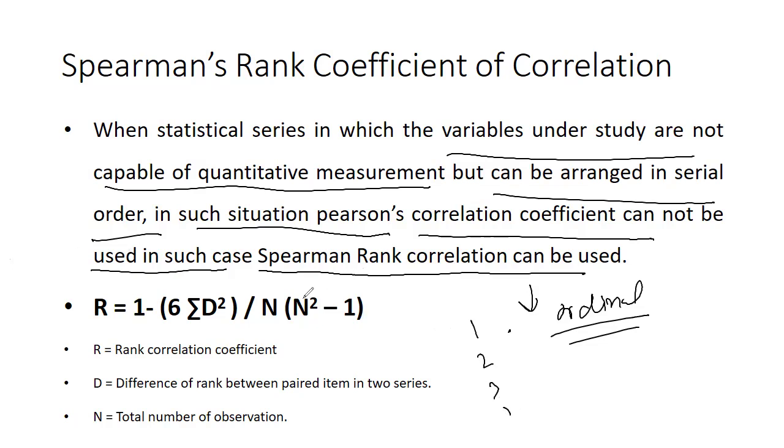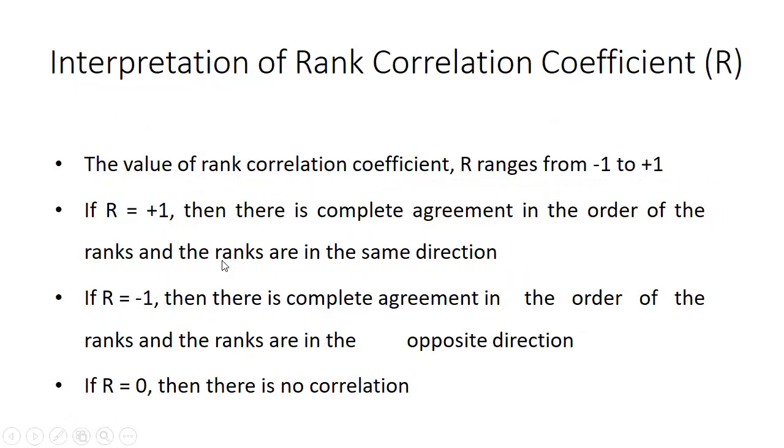So here this is our formula. Through the formula we can estimate the rank correlation coefficient, where D is the difference and N means the total number of observations. There may be two types of problem: the first one is where the rank is given, and another is where the rank is not given. Now the interpretation of rank correlation coefficient.